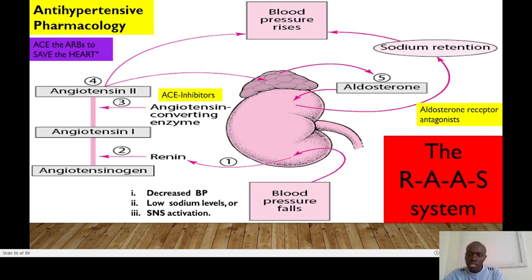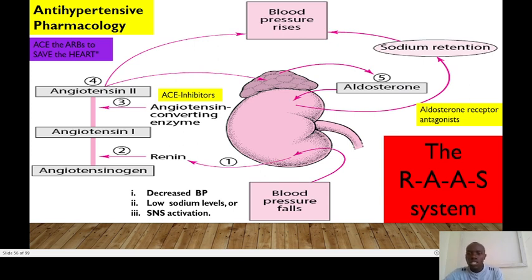Equally, angiotensin 2 also works on the blood vessels to cause vasoconstriction. So the vasoconstriction, the reabsorption of water, and the increased sodium retention, all of these events lead to a rise in blood pressure.